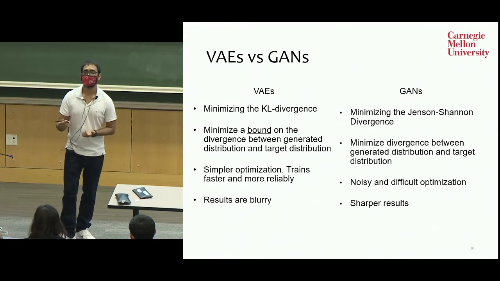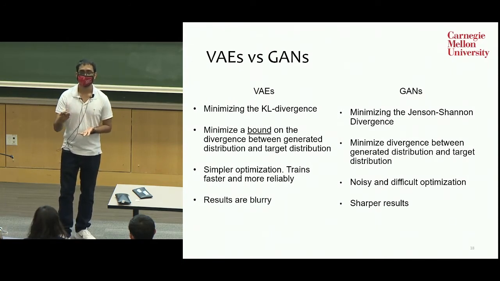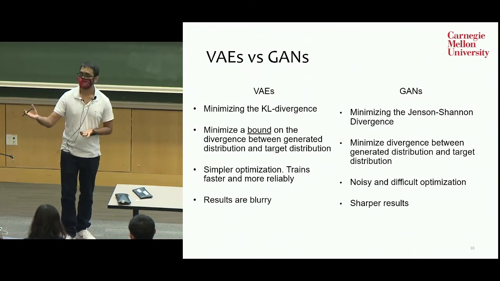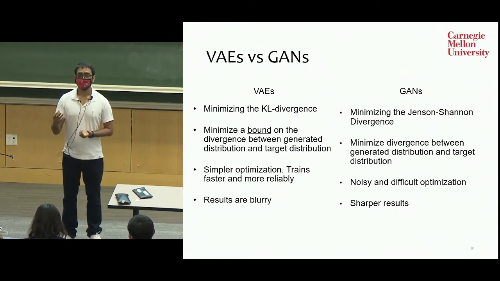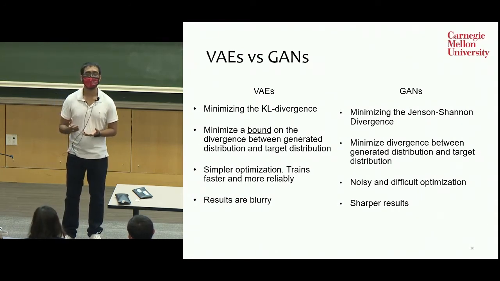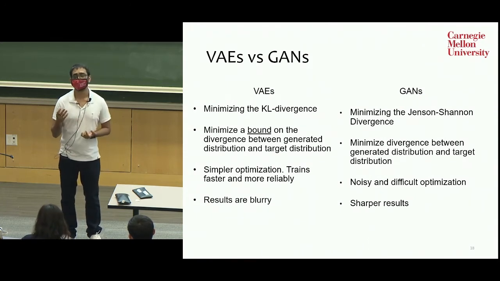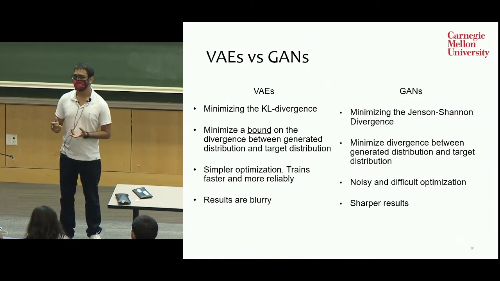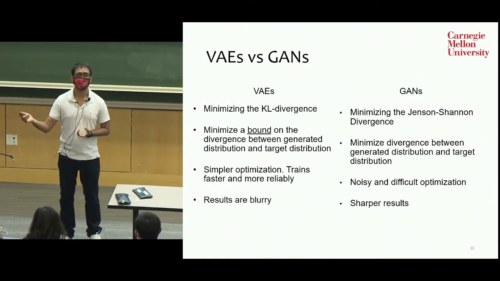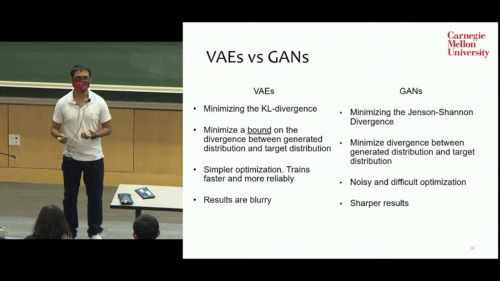But when you learn the actual distribution, as GANs do, the results will be sharper. The images or recordings you generate will be crisp, and that's why you saw the really great results from GANs.